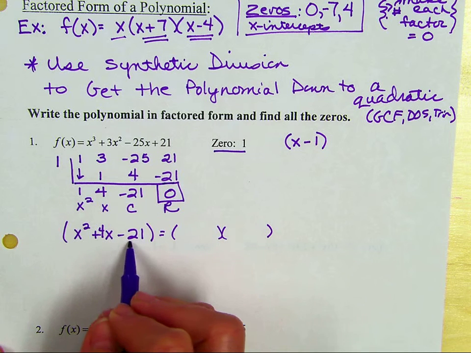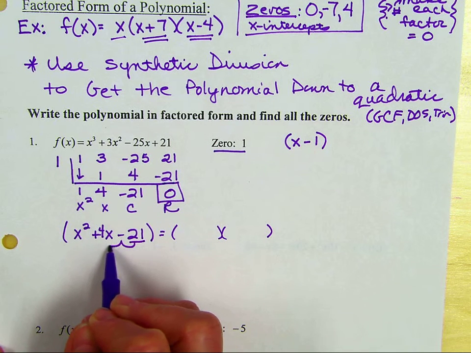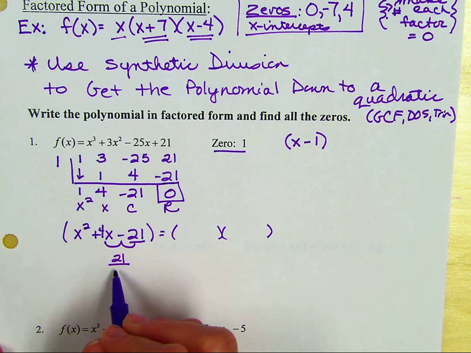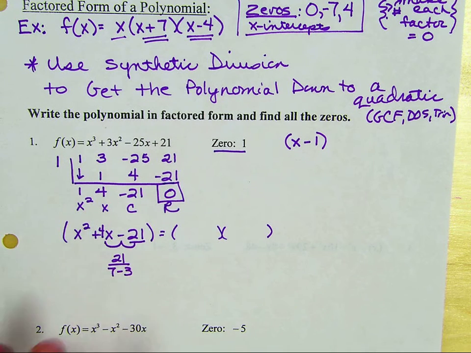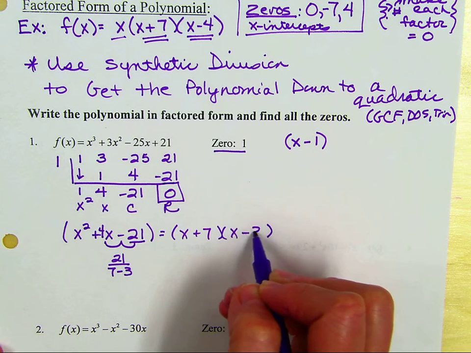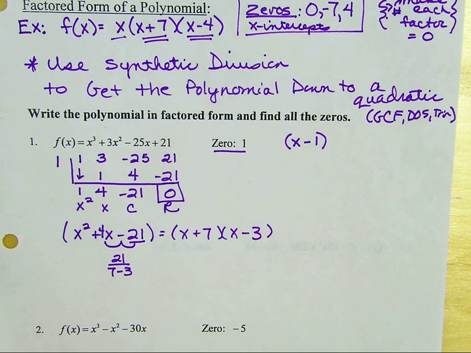So what are the factors of 21 that subtract to be 4? Well, my factors of 21, 7 minus 3. So positive 7, negative 3. x plus 7, x minus 3. So if I look at these two factors, what will their zeros be?